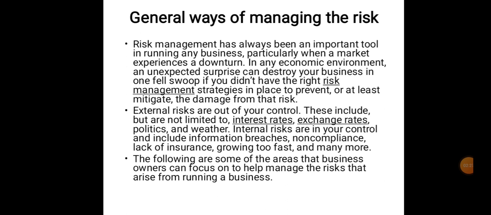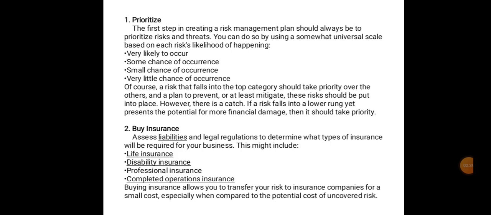Okay, the following are some of the areas that business owners can focus on to help manage the risks that arise from running a business. Certain areas are there, that is first is prioritize, that is which kind of risk if we take, then how much kind of profit we may expect.